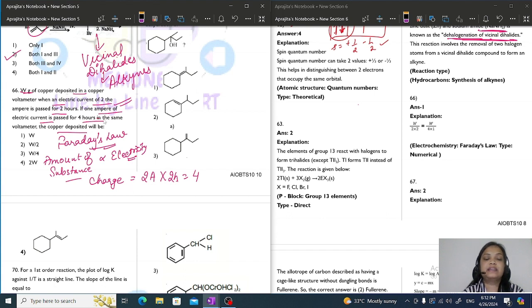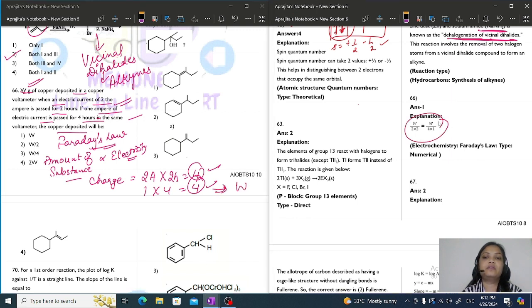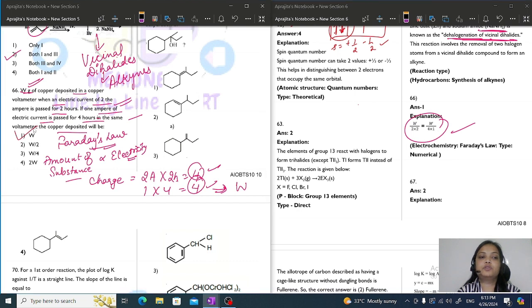In the second case, 4 hours and 1 ampere, so 1 into 4 is again 4. If the charge in both cases is equal, it means equal copper would be deposited. So in the first case, W gram is deposited, and in the second case also, W gram would be deposited. So yes, the answer is option A.